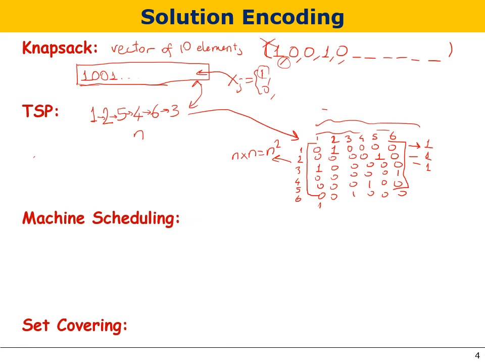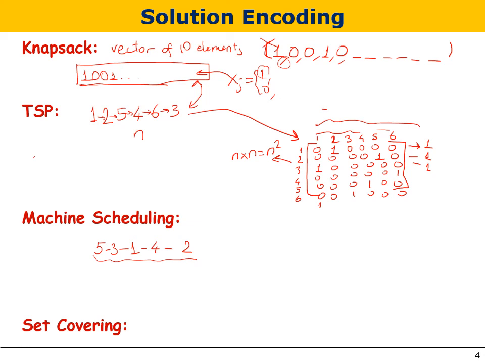When we come to machine scheduling, again we have a similar issue with TSP. Remember the previous example. We represent the solution as the order of the jobs. So the fifth job comes first, then the third job, then jobs 1, 4 and 2. This is very similar to the TSP.